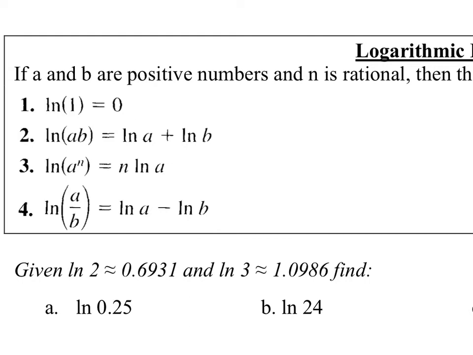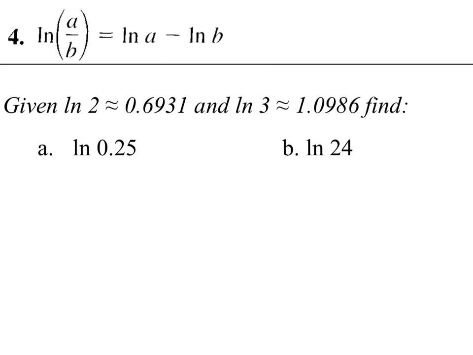Okay? So here, we can actually use this to figure out some other logs, even if we only know a couple. Like here we know ln of 2 is 0.6931, ln of 3 is 1.0986. So if I were to rewrite this as ln of 1/4, and then I recognize that 1/4 is 2 to the negative 2 power, since I have an exponent inside my log, I can make this negative 2 times ln of 2.